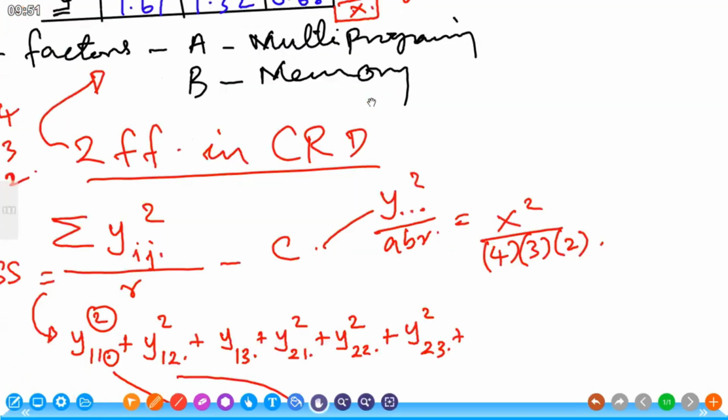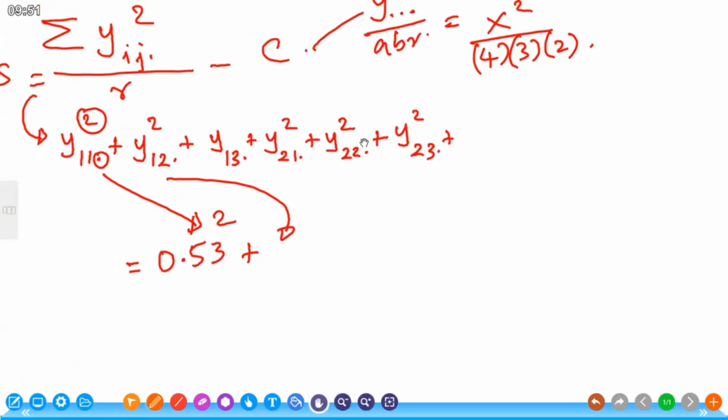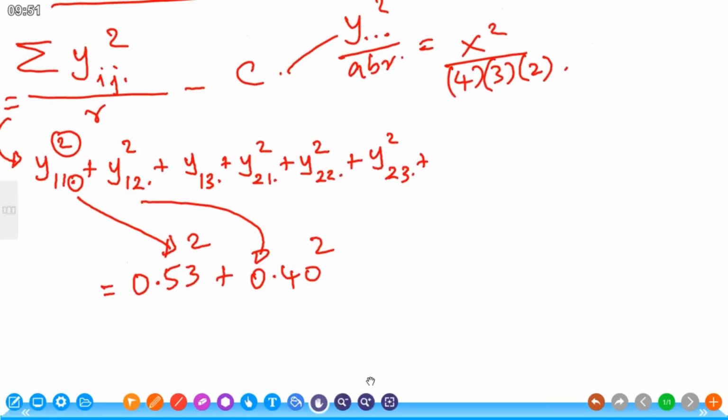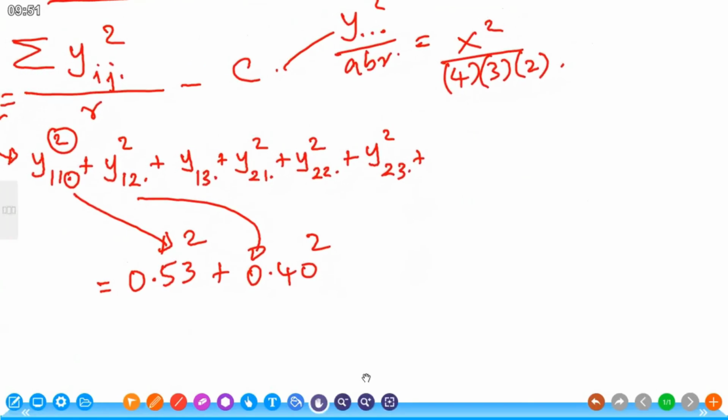So that answer is 0.40 square. Is it clear to everyone how we are getting this value? I didn't stop this calculation. I started with y1 dot square, y1 2 dot square.